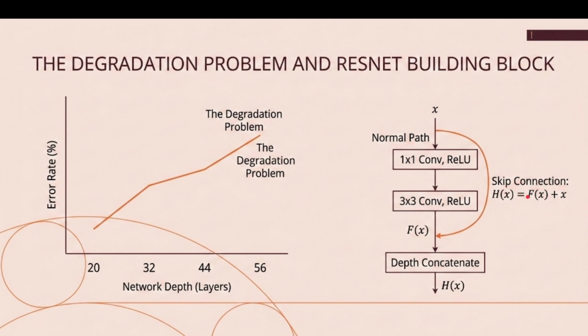This is basically the formula. So this skip connection is an information superhighway. If a deep layer isn't useful, the network just pushes its weights to zero and relies on the clean, uninterrupted signal passing through the skip connection. Overnight, ResNet allowed researchers to train with 152 layers and beyond, completely shattering existing records.